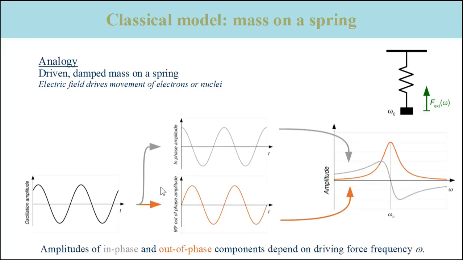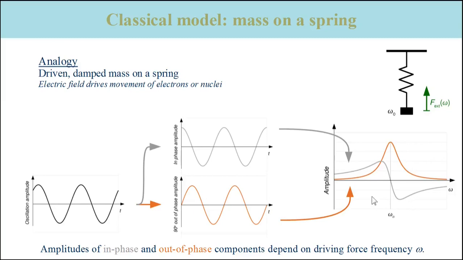We switch back to the previous slide and discuss now the amplitudes of the two components, as these depend on the driving frequency and on the intrinsic frequency of the spring. We can see that the in-phase amplitude is positive at low frequencies, is 0 when the driving force is equal to the intrinsic frequency, and turns negative when the driving force frequency is larger than the intrinsic frequency.